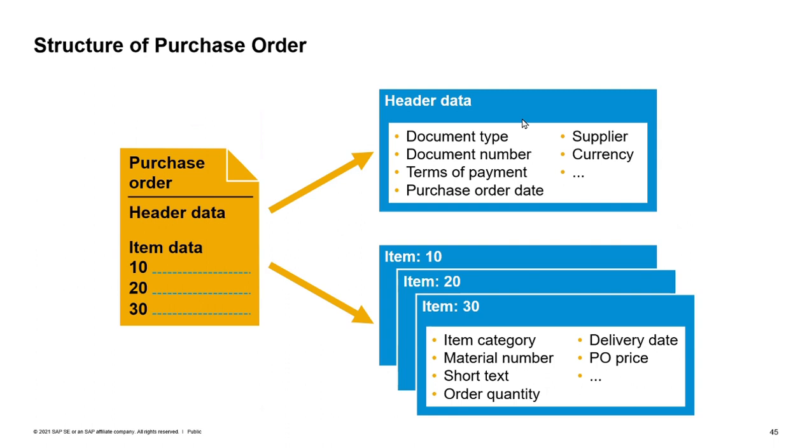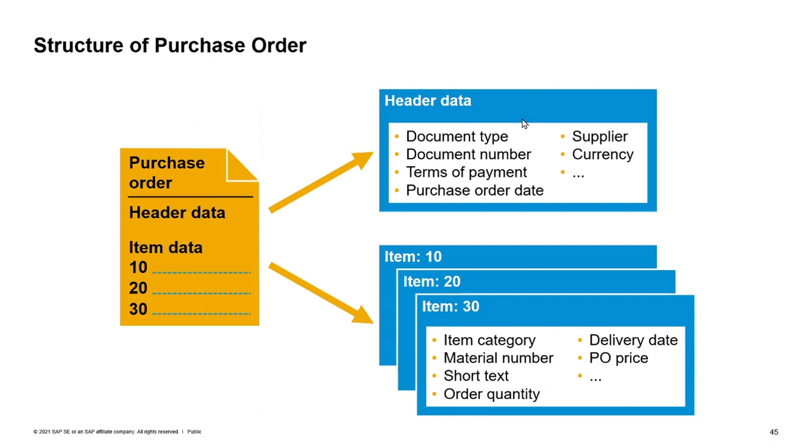Document type influences, for example, the status of fields, which field is mandatory, which field is optional. It gives you information about which item category is possible, or which number range of PO is going to be used, because it's separate for different document types.